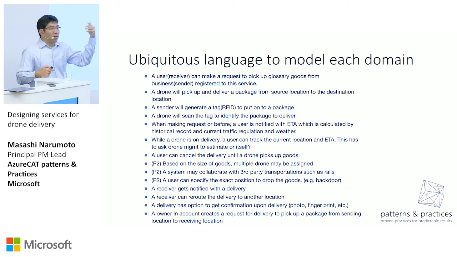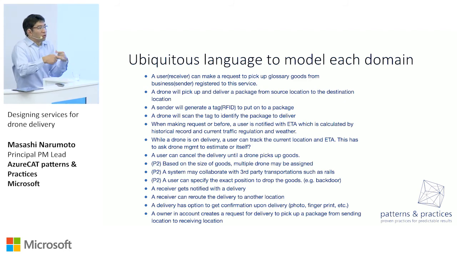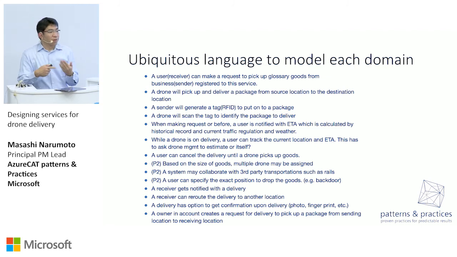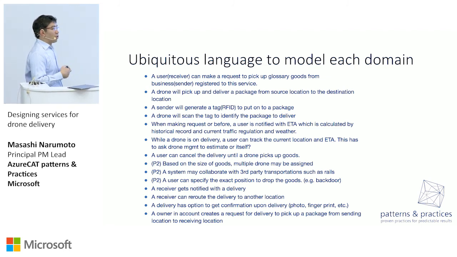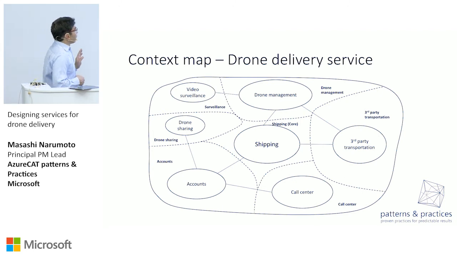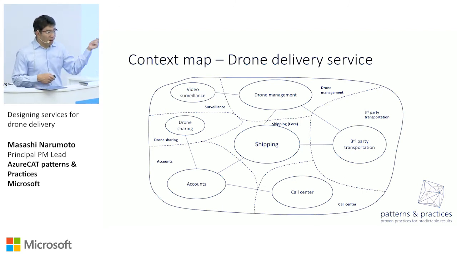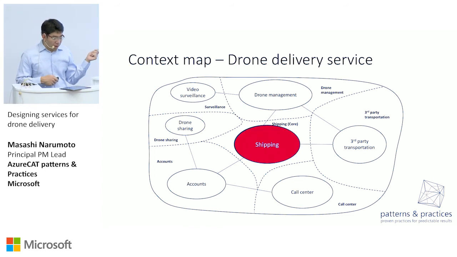But we often find that we thought something was an entity, but it really is not. You have to go back and forth through a lot of iterative process to find entities, aggregates, and services. And then, at the end of the process, you can find the domains and bounded contexts.